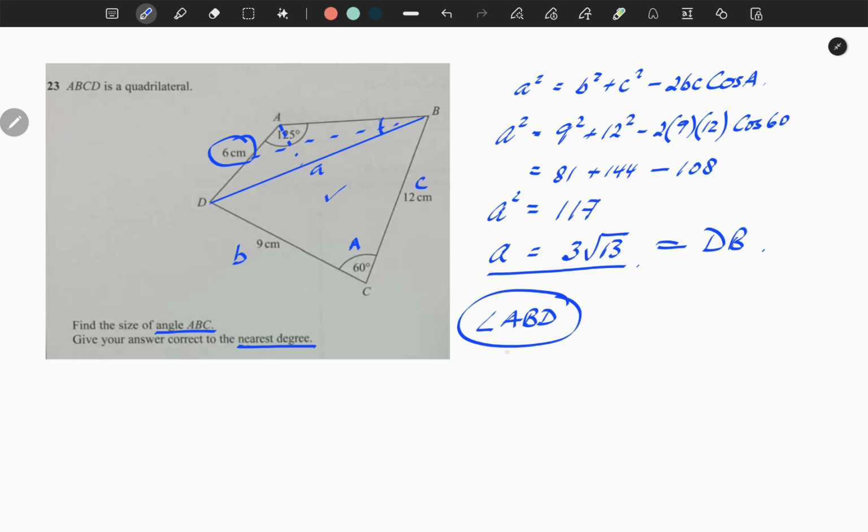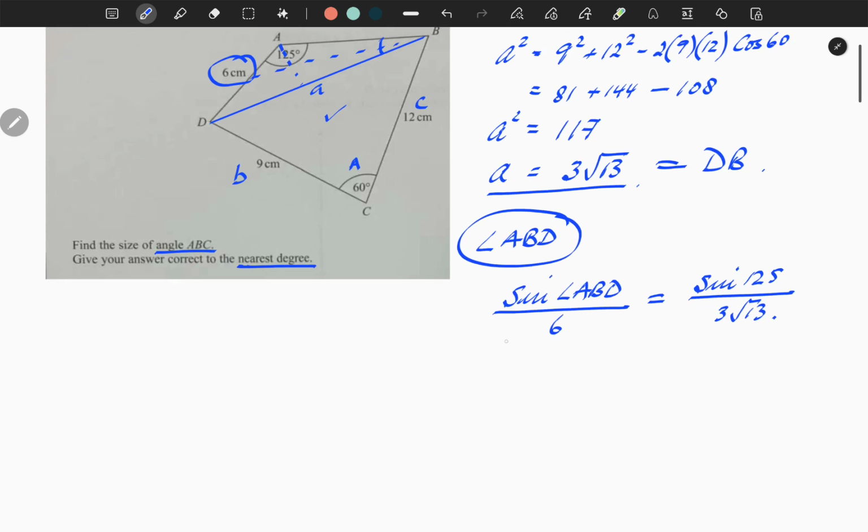So using the sine rule, we're going to say the following: sine of angle ABD over 6 equals sine of 125 over the side that we just found, which was DB, and that's 3 root 13.